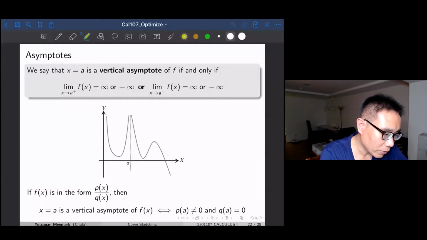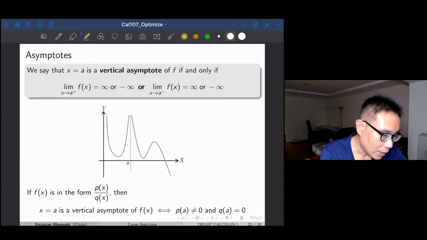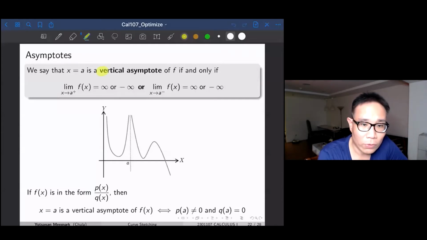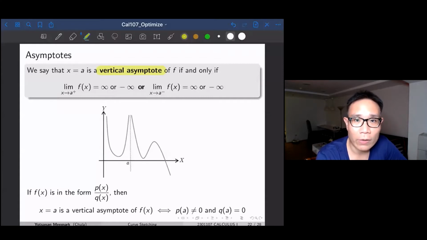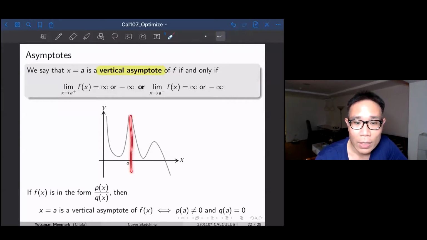The vertical asymptote is gonna be the point a such that the limit as x goes to a from the right or the limit as x goes to a from the left of f(x) turns out to be infinity or negative infinity. As you can see here, a turns out to be the thing that we call a vertical asymptote.